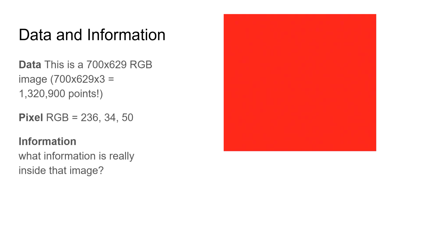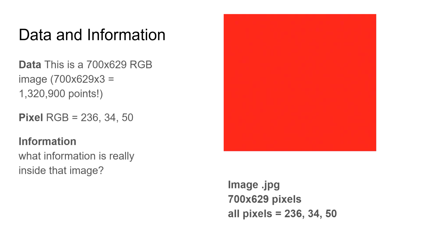So if you were to write this down, you would need 3 values, an R, a G, and a B, for every single point. So you're writing down almost 4 million numbers to be able to do this. But actually, I can describe the picture in very few words, right? I could just say, hey, here's the image, here's the size, all the pixels are this.